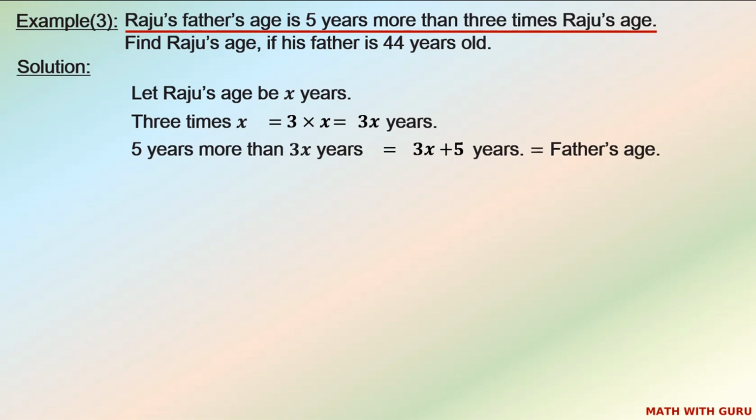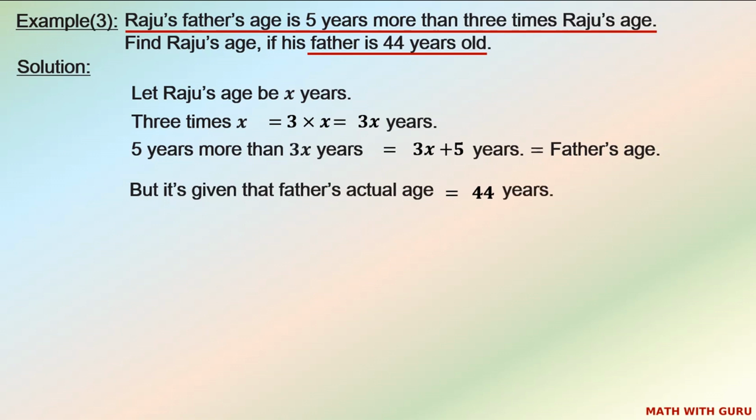Here we have expressed father's age in terms of Raju's age, but it is given in the problem that father's real age, actual age equals 44 years. It is time to frame the equation. 3x plus 5 equals 44.